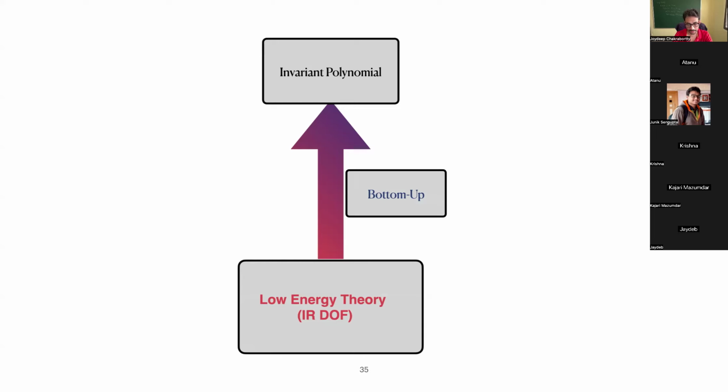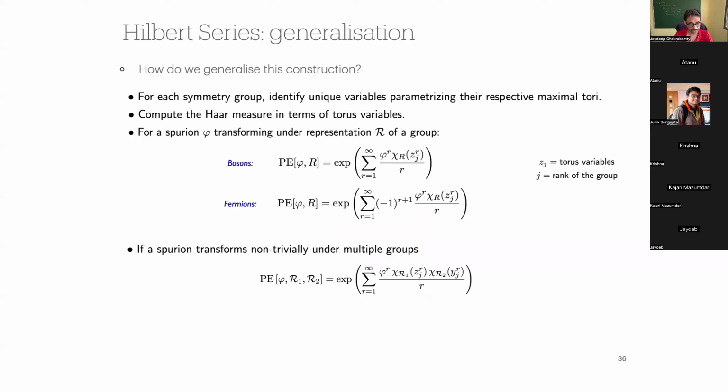This mathematical principle is completely based on the Hilbert series approach, where we need to construct something called the plethystics, and then we use those plethystics and perform the integral in the group space, and from there we calculate the invariants. But I'm displaying this to keep your focus mostly on this chi-R, which is the character.